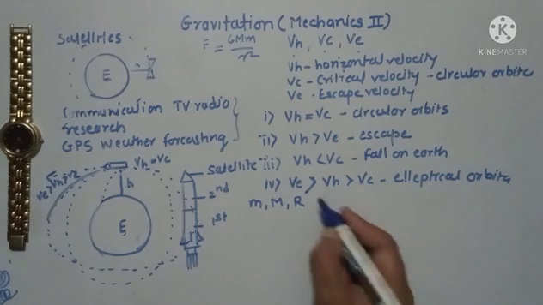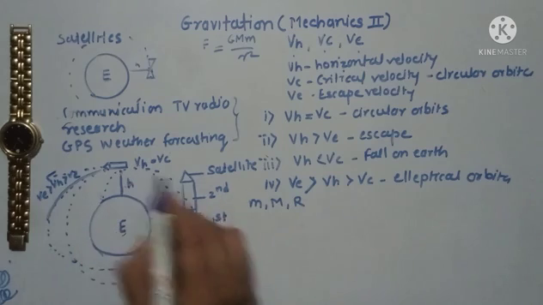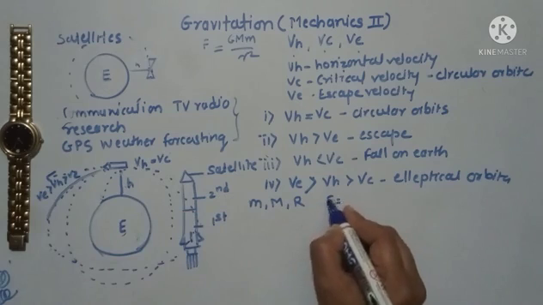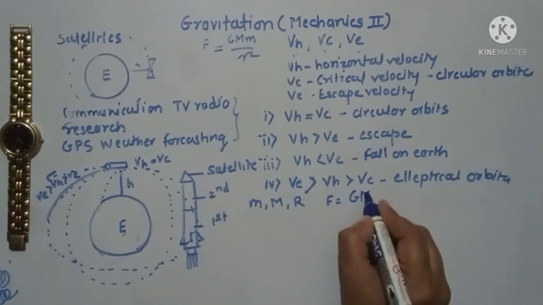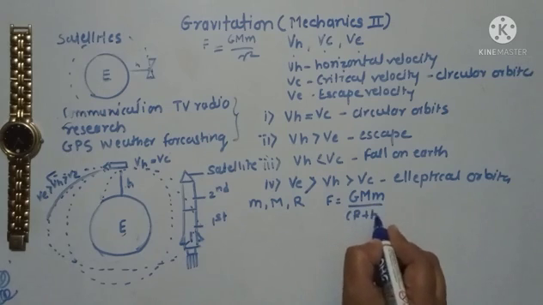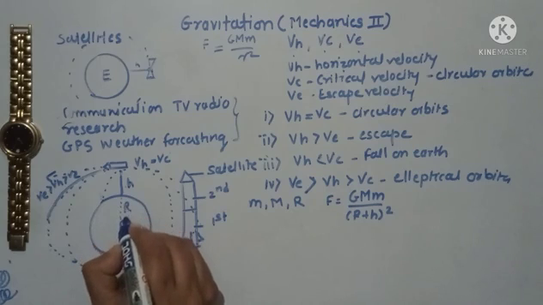Then the gravitational force field applied on the satellite at height h is given by, let me call this F, gravitational force field, which is equal to GMm upon (r plus h) whole square. So this r is the radius of the earth, and this is the height.